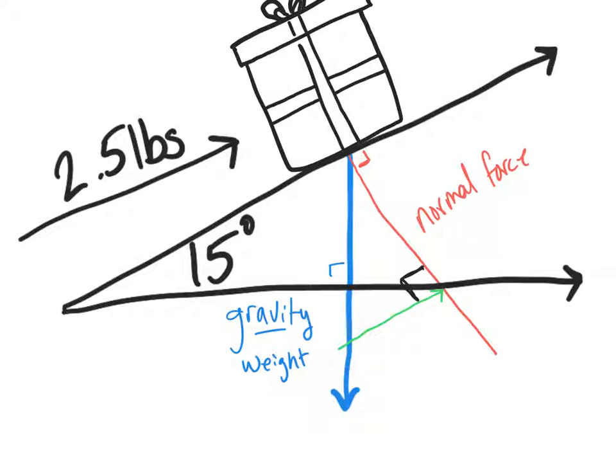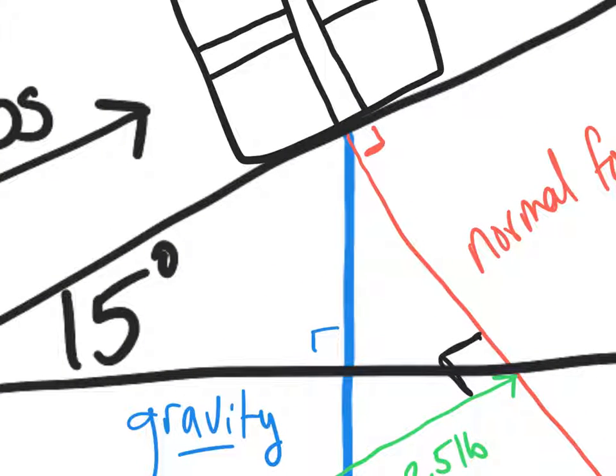If I add in the correct values, this is 2.5 pounds. We also know the angle measure, the one that we see here at 15 degrees at the very base of the ramp. That's also going to occur right here between the normal force and the gravity force. So we're going to add that 15 degrees in right there.